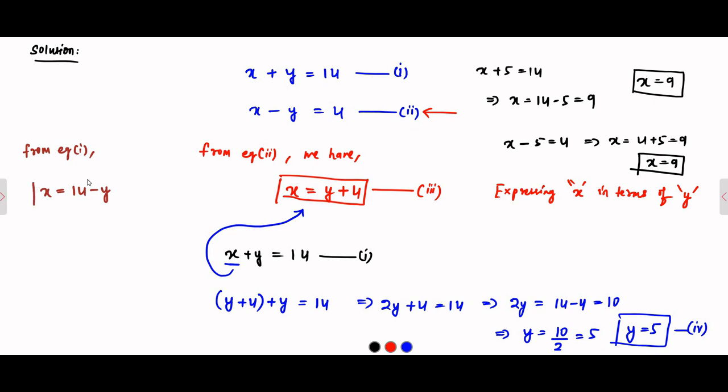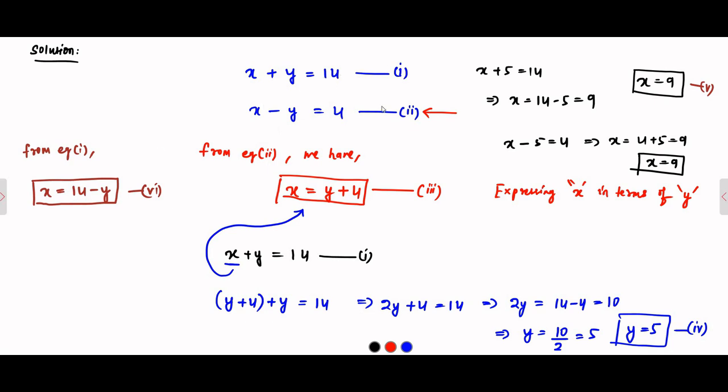Let's call it equation number 6, relationship number 6. So x is equal to 14 minus y from equation 1.